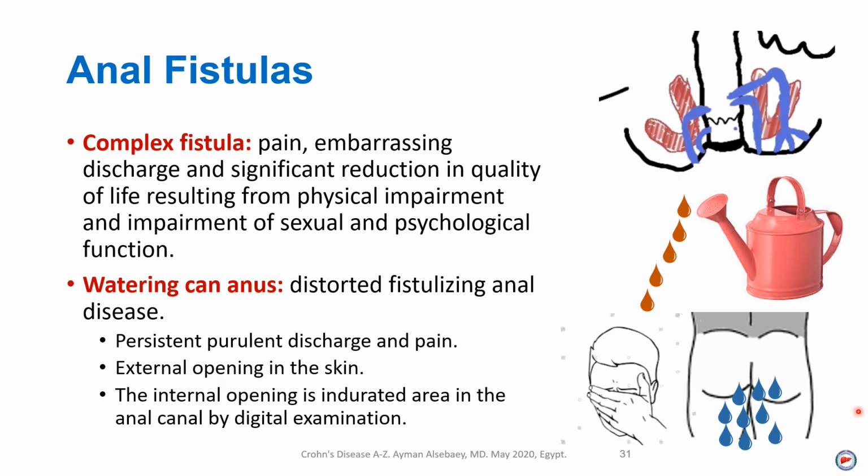If we look at these buttocks, there are multiple openings which are characteristic of complex fistula, in which there is continuous output of fecal matter. Okay, it resembles the watering can, this one which is used for irrigating plants, so it is called watering can anus.